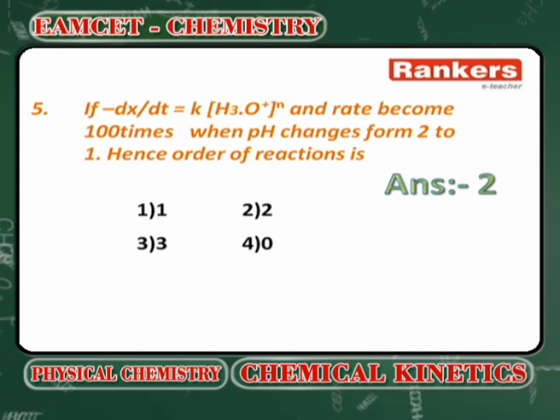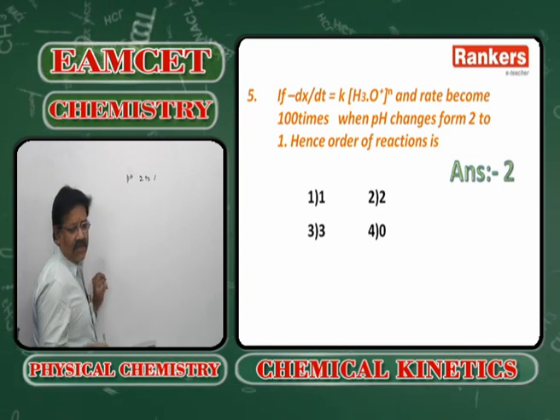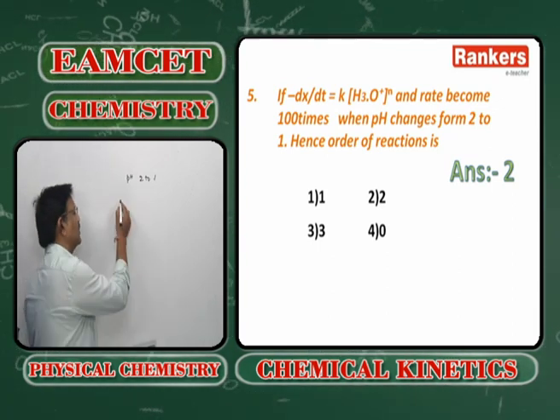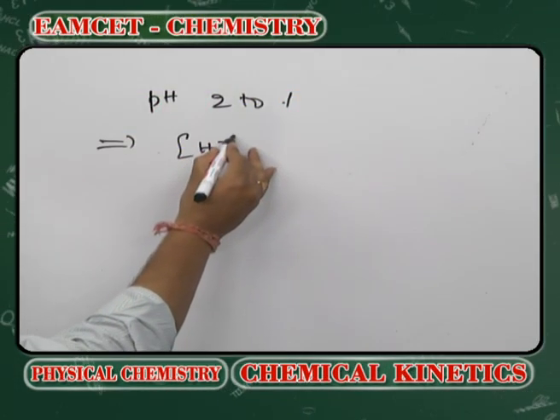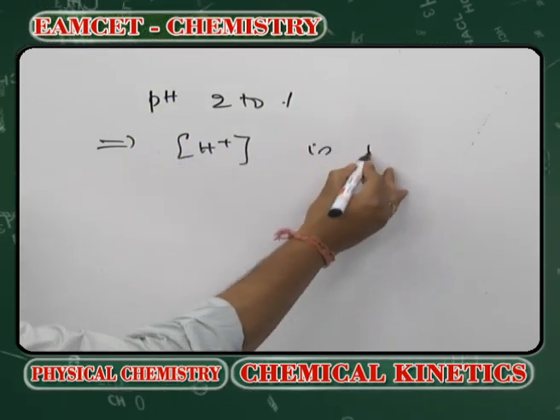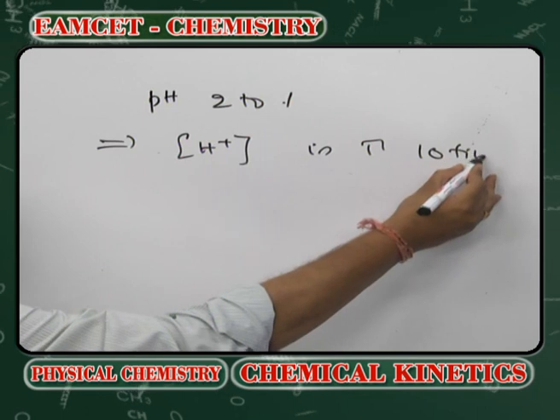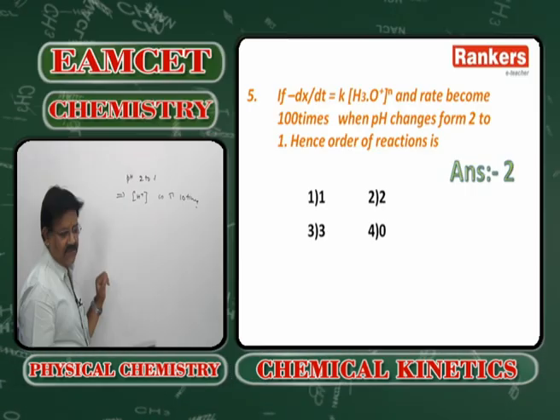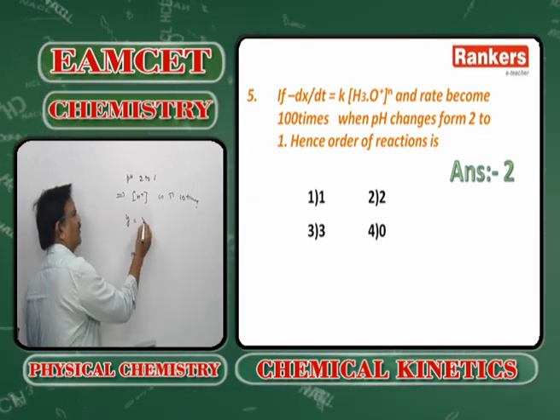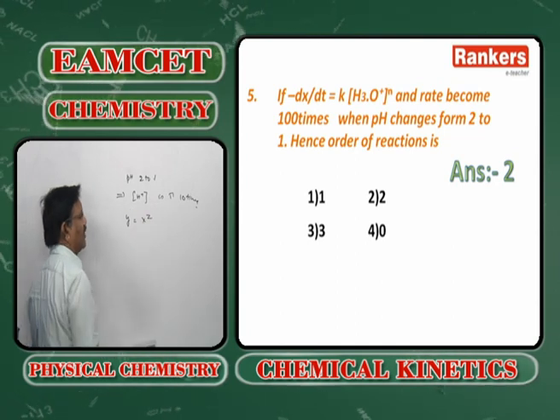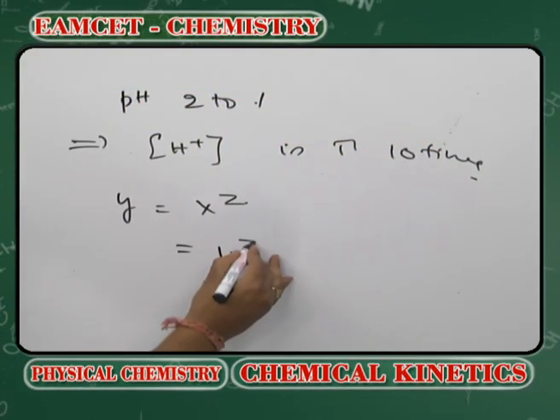So here, when the pH value changes from 2 to 1, it implies the pH value decreases, and the H plus ion concentration is increased by 10 times. Applying y equals x to the power of z: what is the x value? 10 to the power of z.